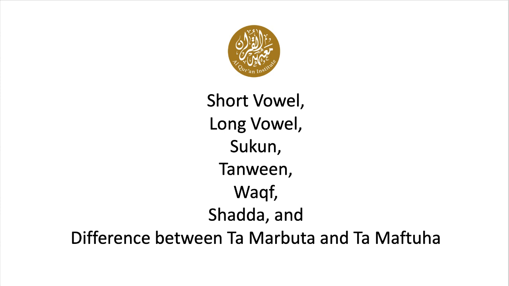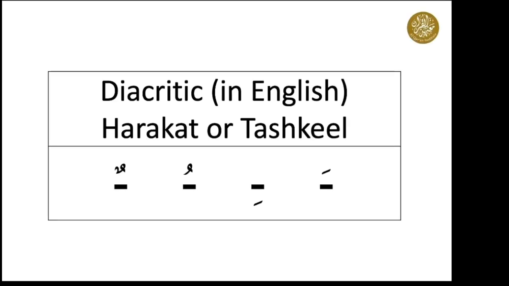First of all, let's get familiar with a few terminologies. In Arabic, these signs are called harakat. Depending on the harakat used, the meaning of the words and its role in the sentence is determined. These harakat are fatha, kasra, dhamma, and tanween. Harakat is also called in Arabic tashkil.